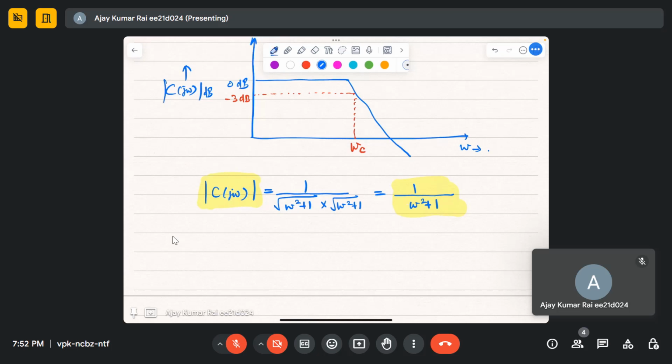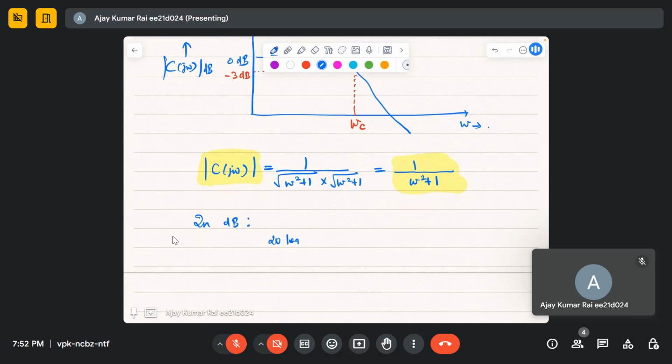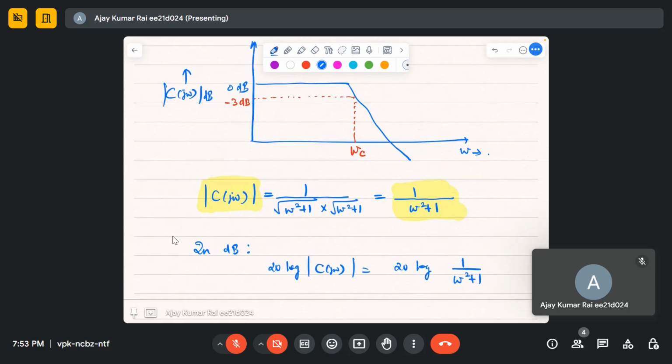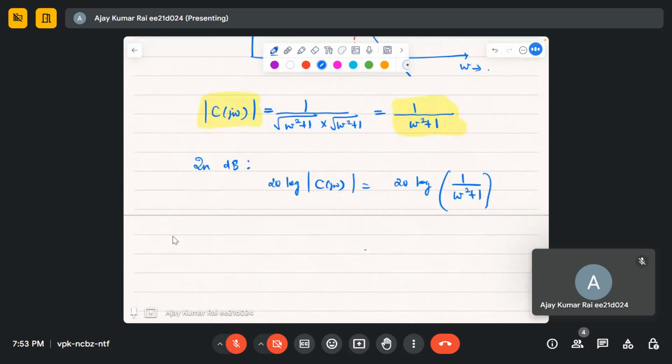Okay, so let's find in dB. Because in dB, what you do is find 20 log of C j omega, so this will be equal to minus of 20 log omega square plus 1.